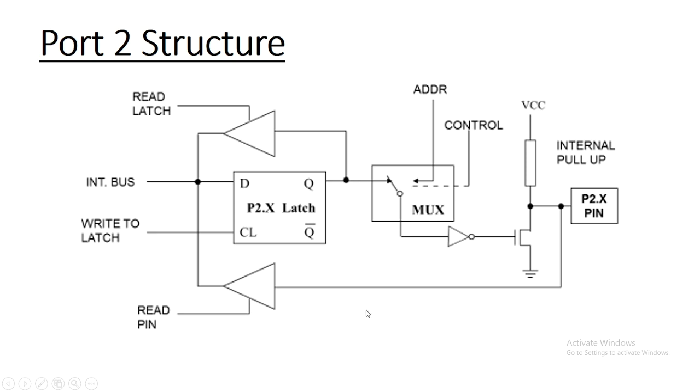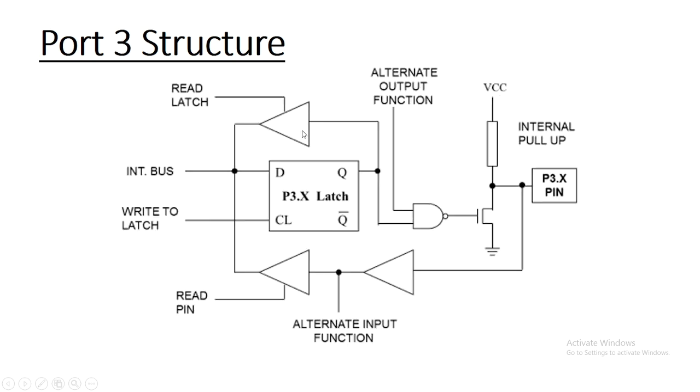Otherwise the structure of port 2 is the same as port 1 and port 0. In the port 3 architecture, the main components are again the same, but we know that in port 3 there is a special alternate function for each and every pin. Accordingly, a NAND gate is connected, which will drive this pin.